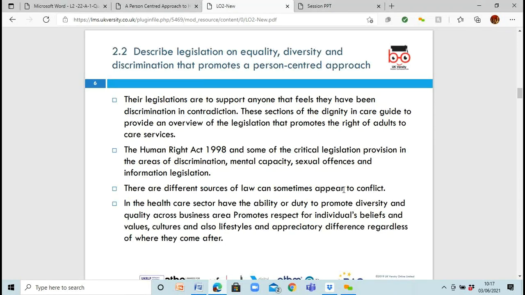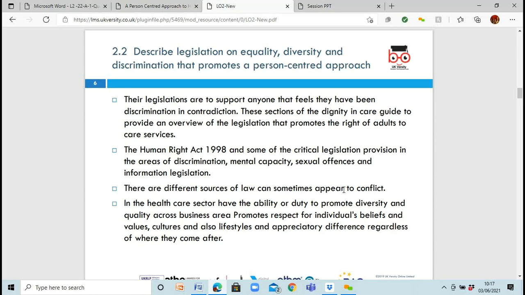So we're just going to look at legislations now. 2.2 is describe legislation on equality, diversity and discrimination that promotes a person-centered approach. Now this is just a few legislations that we're going over on the next slide. Really, everything that we do in the workplace is pulled off a legislation. All the policies and all the practices and all the procedures that you've got will reflect your legislations.